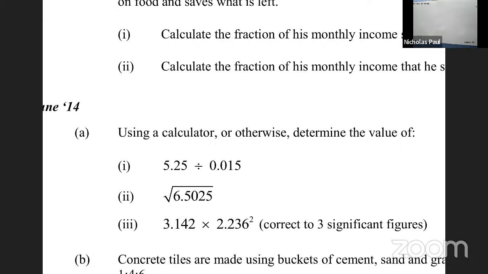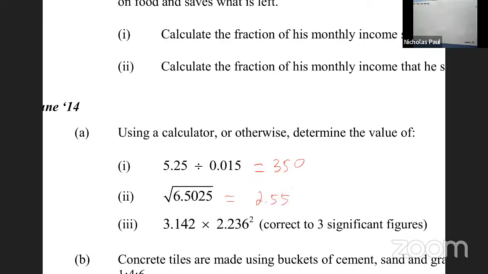All right, how did this go? Right, so the first one is what? 350. And the next one is what? 2.55, nice.